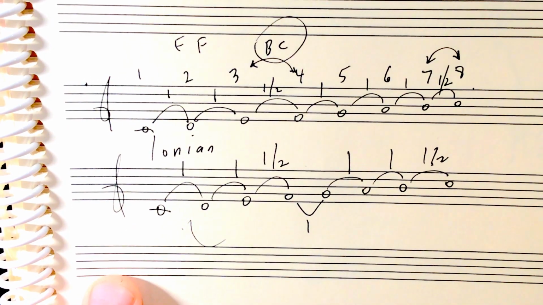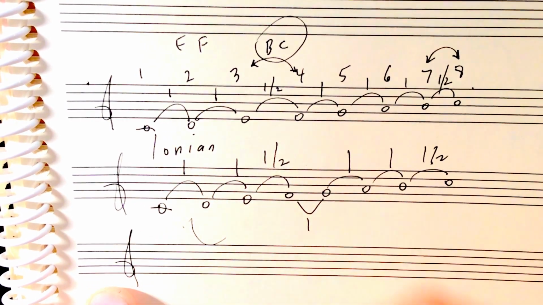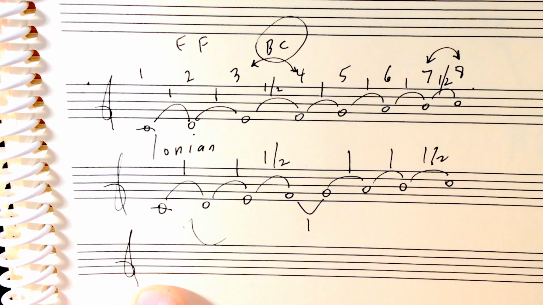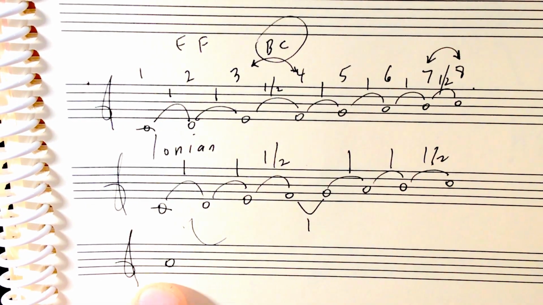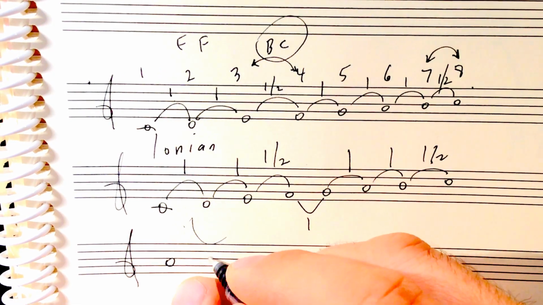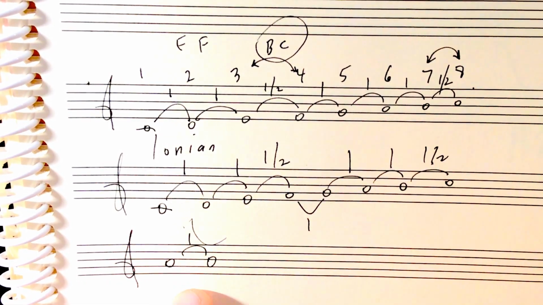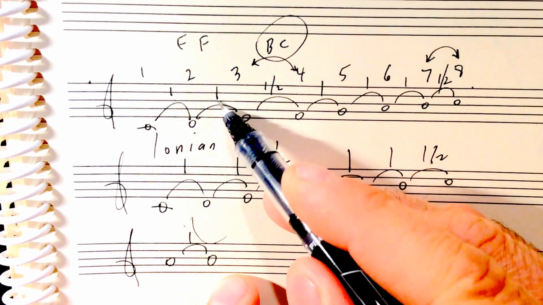Why don't we take it a step further and transpose it out of C? Let's go to A. From an A to a B, whole step. Our next note has to have another whole step.